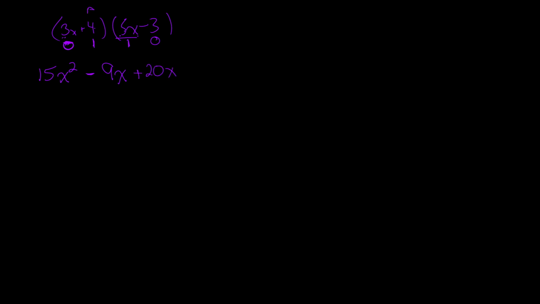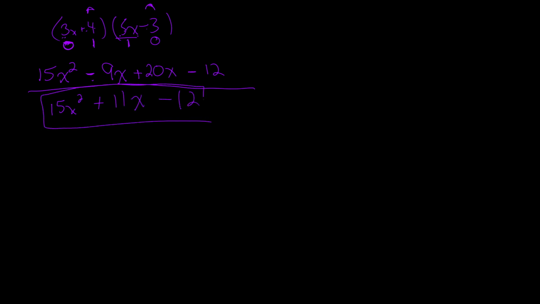And then I'm going to do my lasts. So 4 times negative 3 is negative 12. And now I'm going to collect like terms, which will be the middle terms here. So I get 15x squared minus 9 plus 20 is positive 11x minus 12. And that's my trinomial when I multiply these two binomials together.